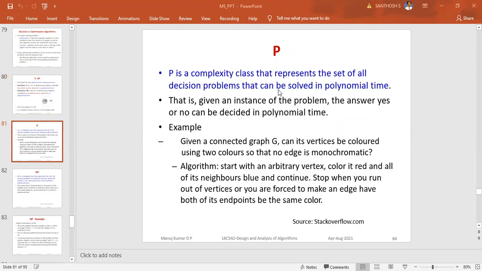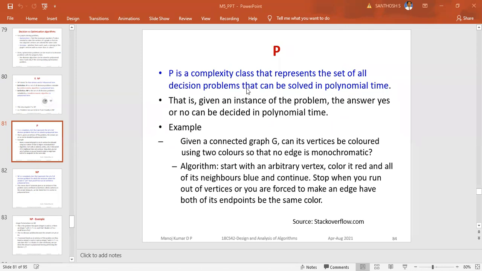Now you come to the P concept. P is the complexity class that represents the set of all decision problems that can be solved in polynomial time.